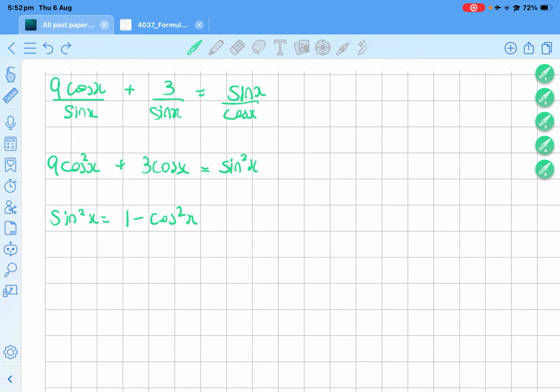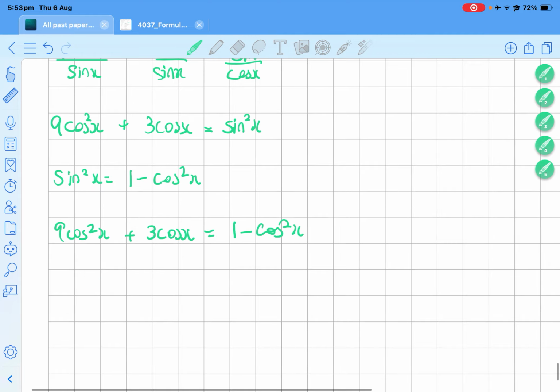Sin square x is 1 minus cos square x. So 9 cos square x plus 3 cos x is equal to 1 minus cos square x. So 10 cos square x plus 3 cos x minus 1 equals 0.